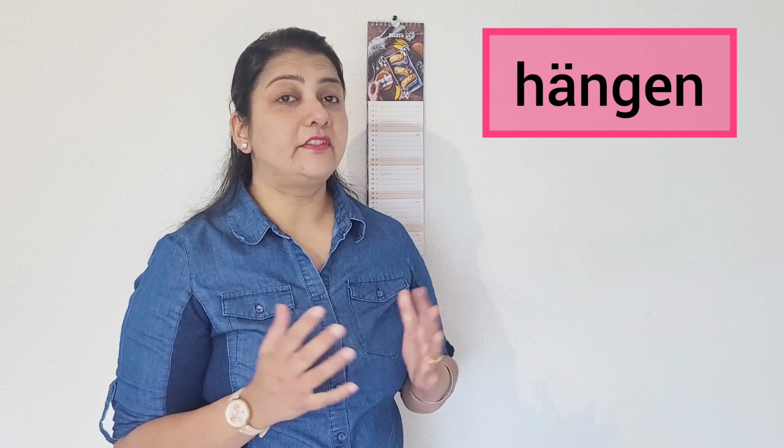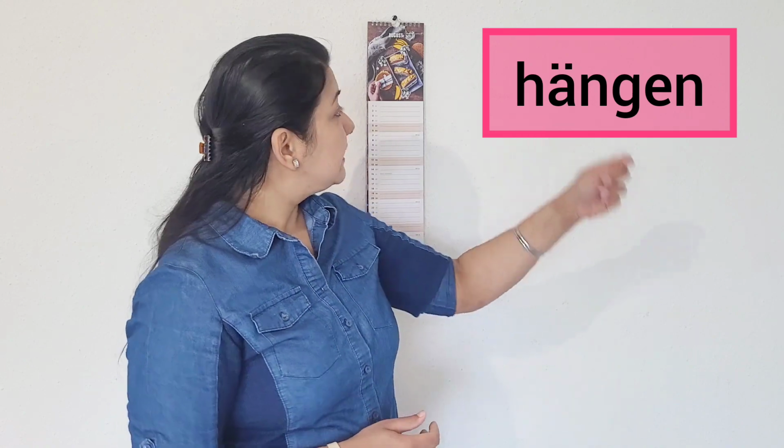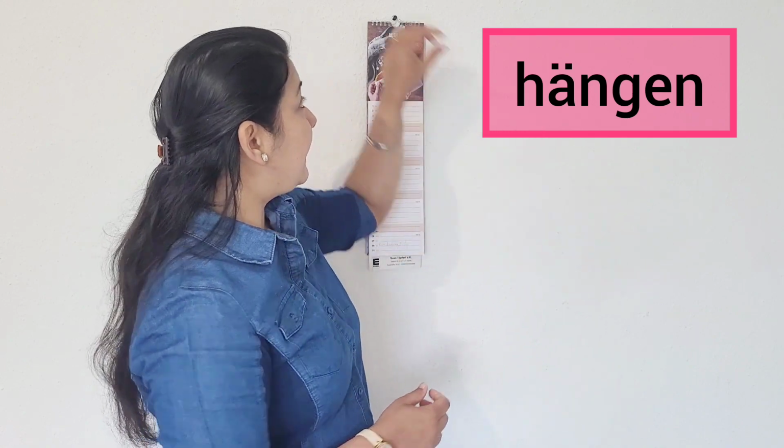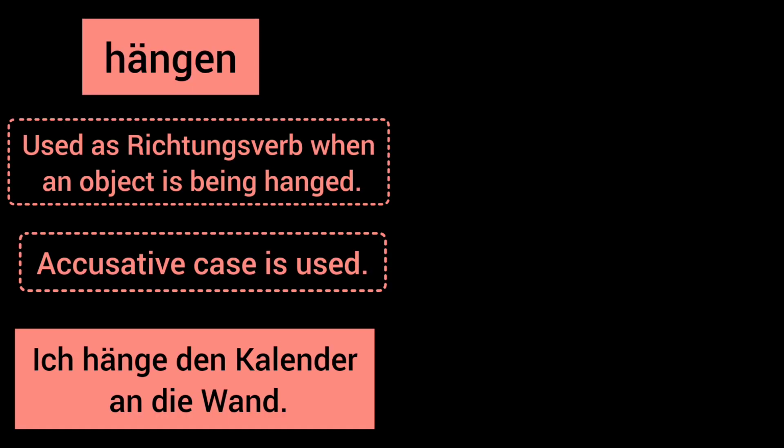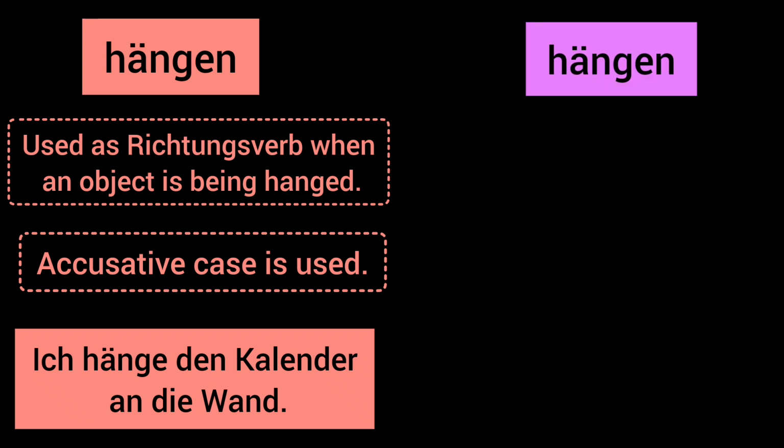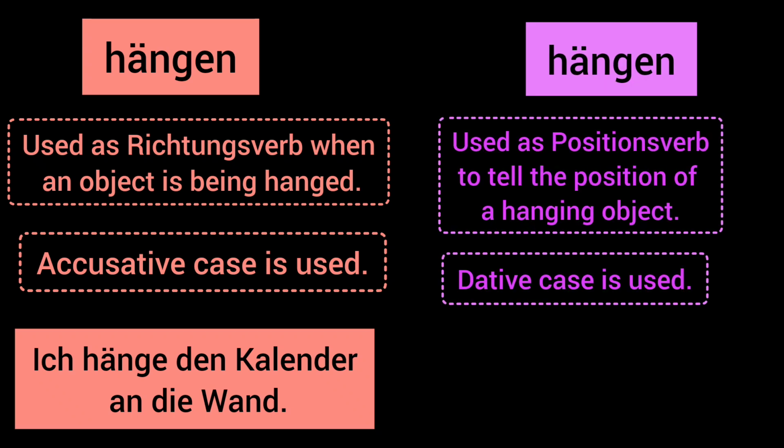So when you have the Richtungsverb, when I'm hanging something, so ich hänge den Kalender an die Wand. When the movement is going on, then we use hängen with Accusative. Yeah? And when the calendar is already hanging on the wall, then you use the verb hängen with Dative.